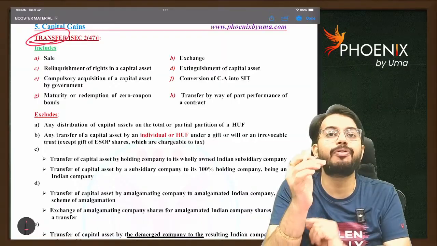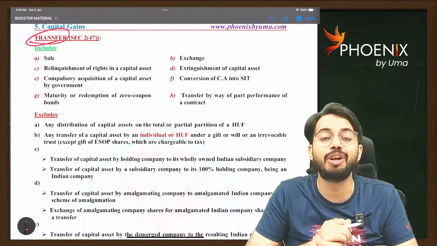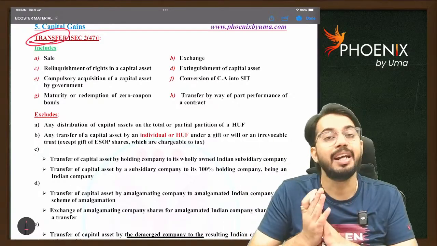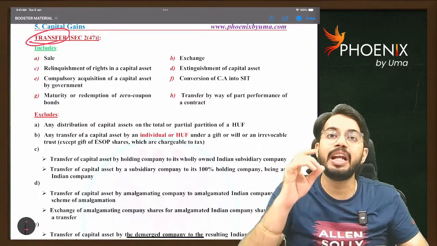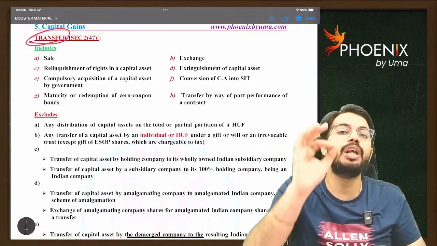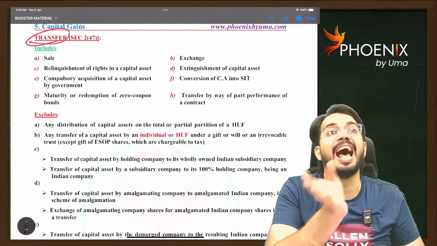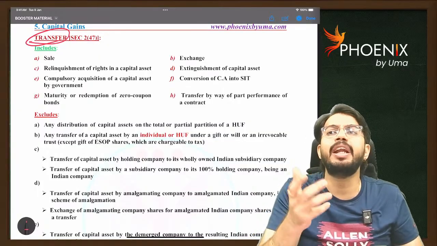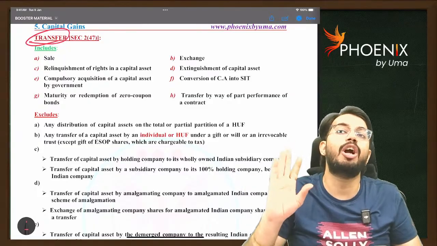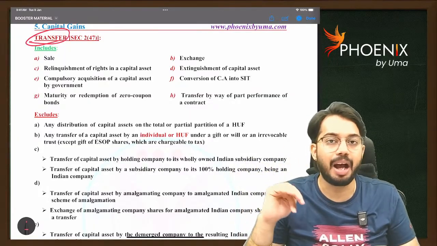A gift transaction is excluded from the definition of transfer, so in case of a gift, I am not required to calculate capital gains or pay capital gains tax. Are you able to understand?